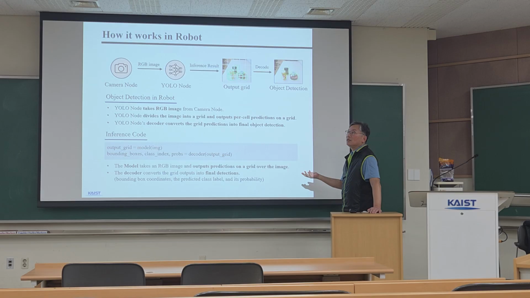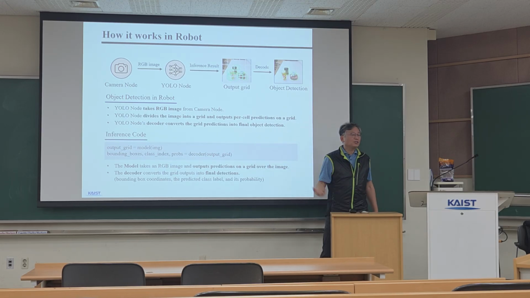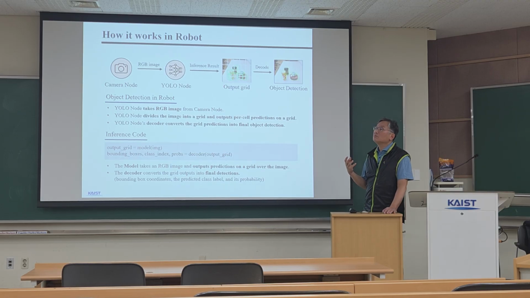And how does it do it? It does it by dividing the image into many grids, as shown in this picture. So you can see that there are white grids, a 5 by 4 grid, and each grid is assuming that there are 1 or 2 objects in the image.